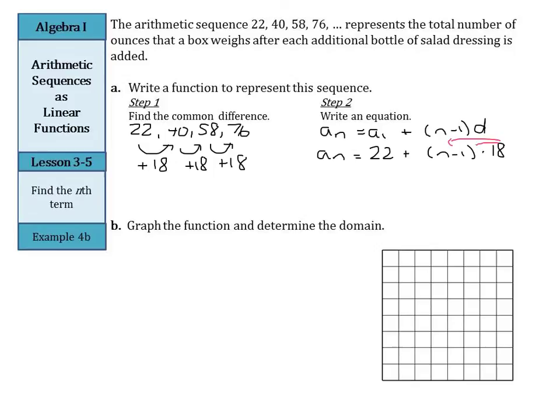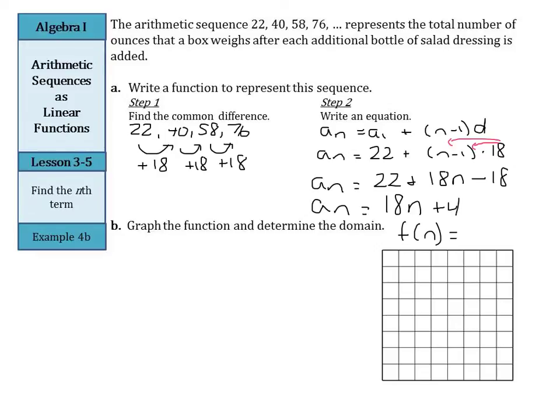Distribute the 18 to the n and the minus 1. an equals 22 plus 18n minus 18. Go ahead and combine the 22 and the minus 18, and an equals 18n plus 4. And again, we can write that in function notation. f of n equals 18n plus 4.